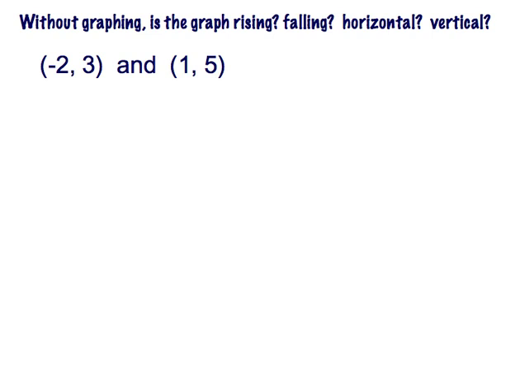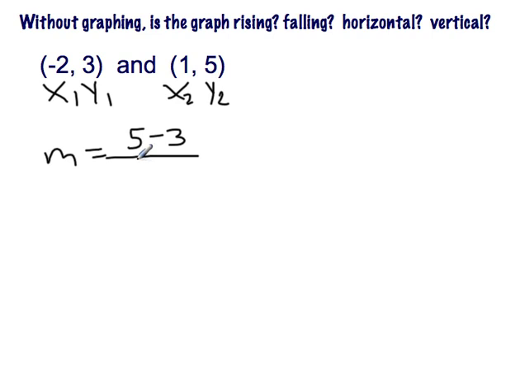Without graphing these 2 points, is the graph rising, falling, horizontal, or vertical? Well, really, all we need to know is the slope. So again, I'm going to go ahead and label these points, (x1, y1) and (x2, y2). So to find the slope, it would be 5 minus 3 over 1 minus -2.